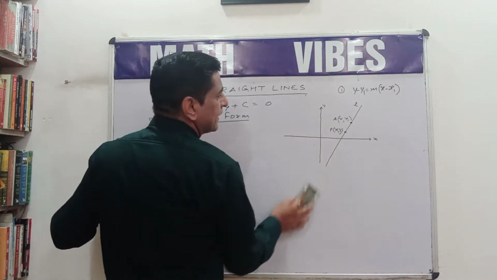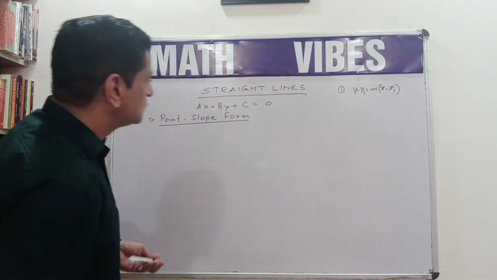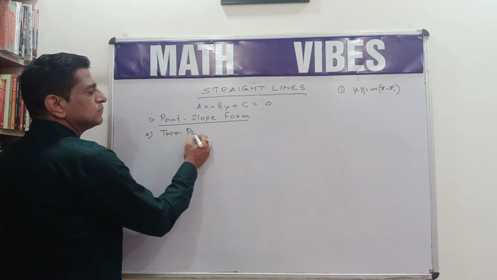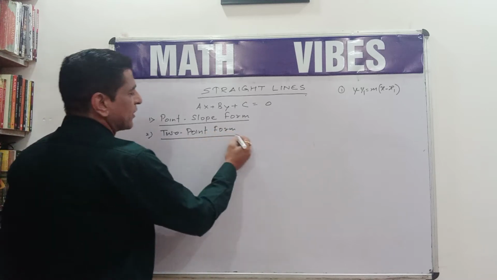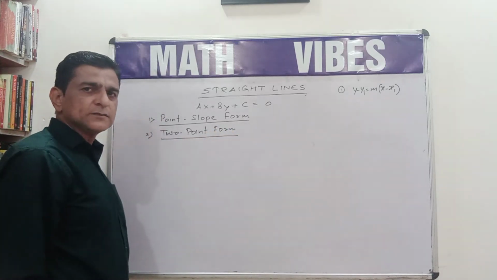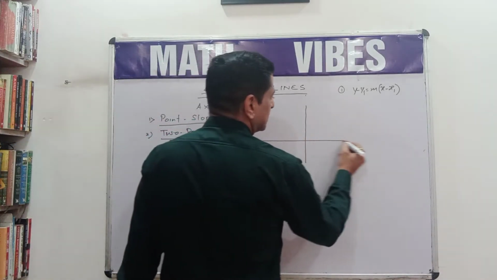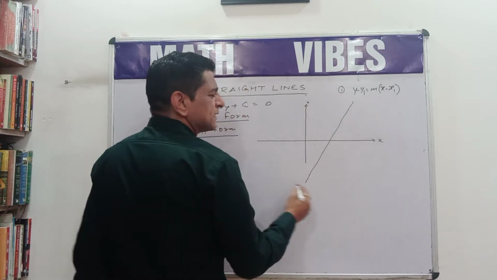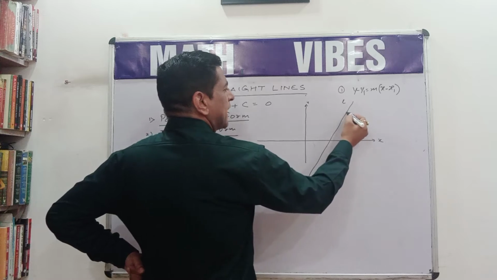Now the second form of equation is the two-point form. As the name suggests, this equation will be used when two points through which the line passes are given. Suppose this is a line, I name it as L, and two points on the line are given.